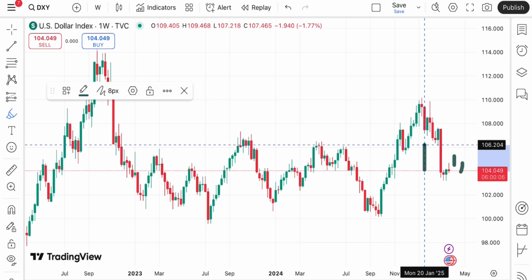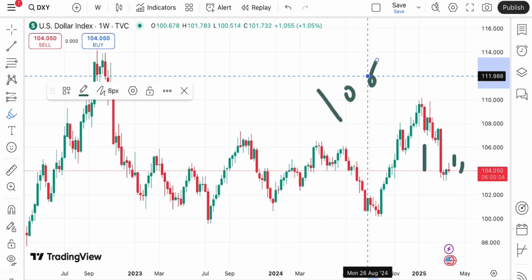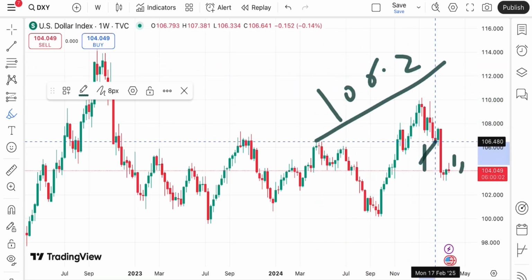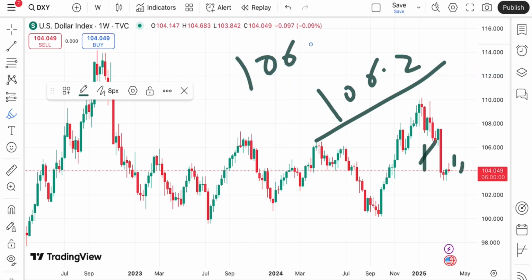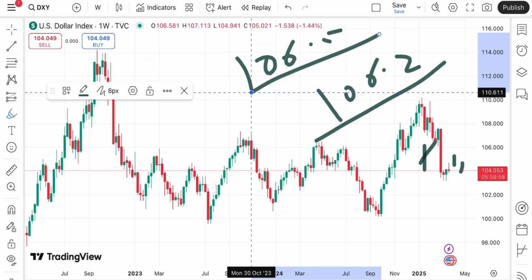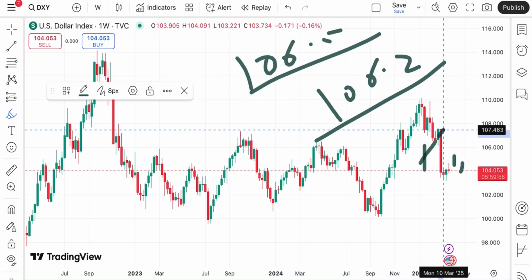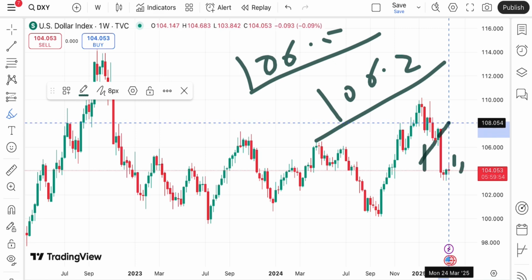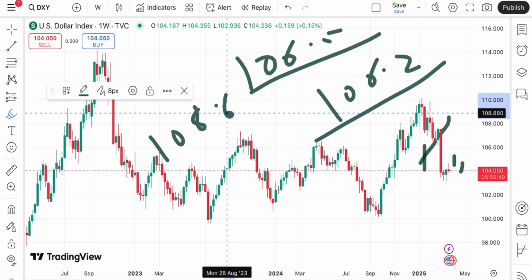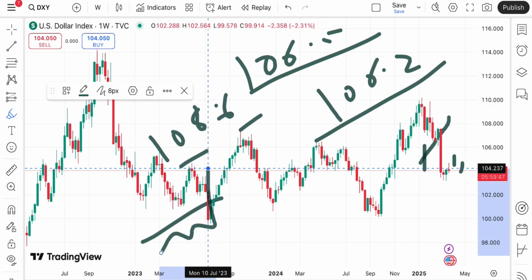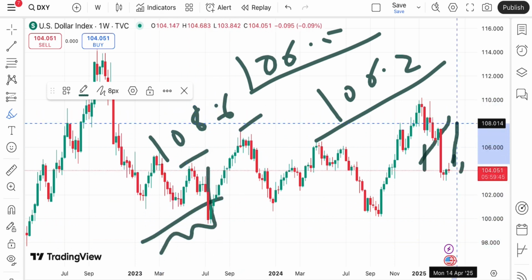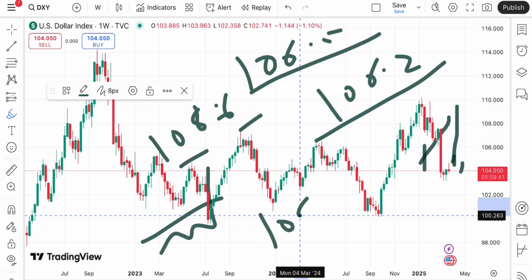If the price goes above this level, the probability of touching 106.2 will be there, and then a further upside towards 106.5. If the price goes above this level, there is a higher chance that it can move towards a level of 108, and from there a further upside towards 108.6.